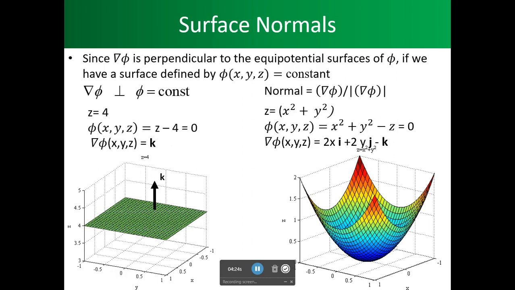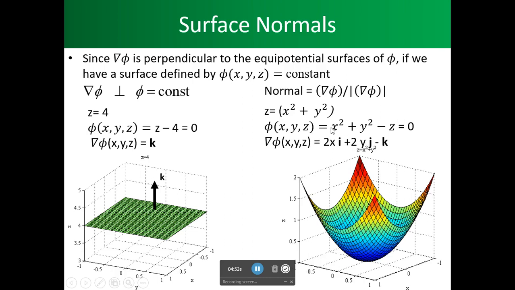Okay, how do we find the normal of this function? The normal of this function is 1 over the magnitude of the gradient. So the magnitude of this gradient is what? 2 times 2 is 4. 4 plus 4 is what? 8. 8 plus 1 is what? 9.